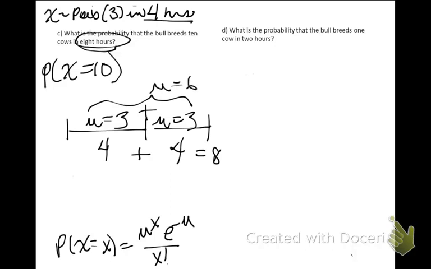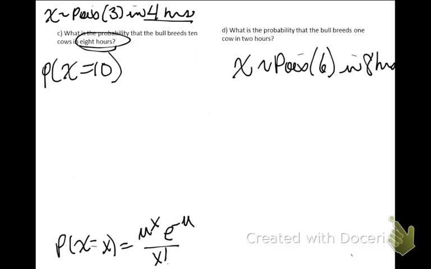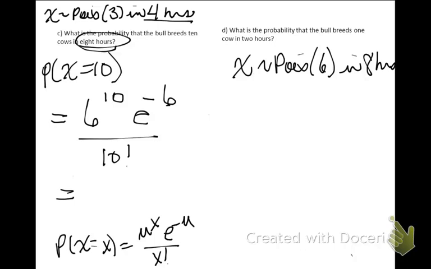So what we can say is that we now have a Poisson distribution with an average of 6 for 8 hours. Working this out, this is our new average, mu, 6 raised to the x power of 10, e to the negative mu, all divided by x factorial. And that gives back 0.041.